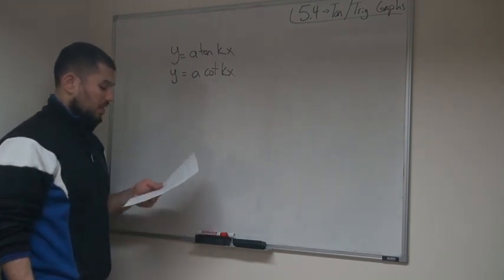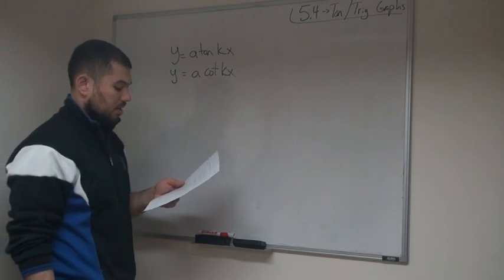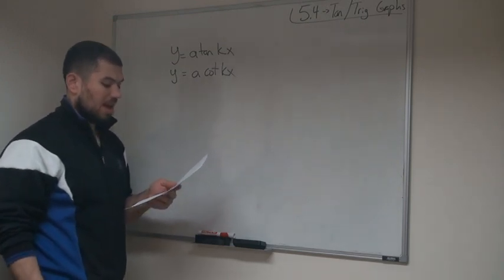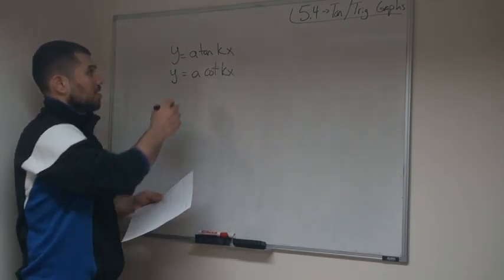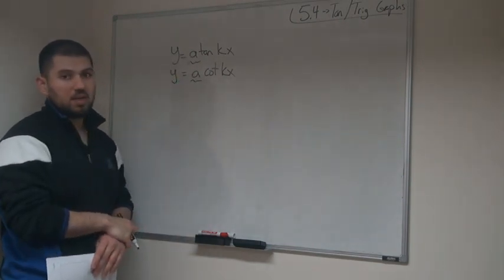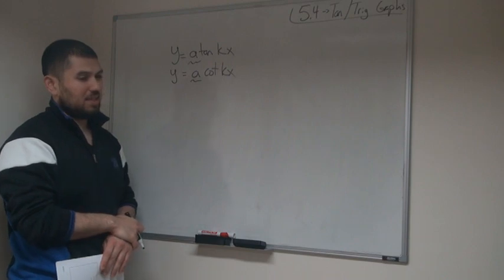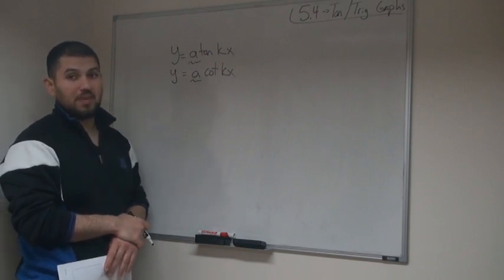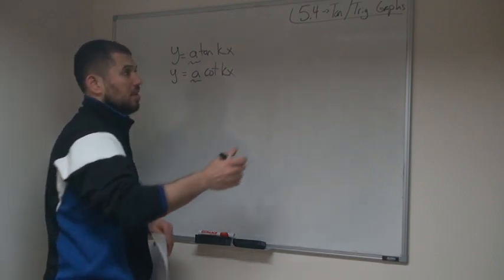So here we still have a concept of amplitude because there is a variable in front of tan or cotan, but graphically we can't say that it represents the maximum value that the graph will attain.